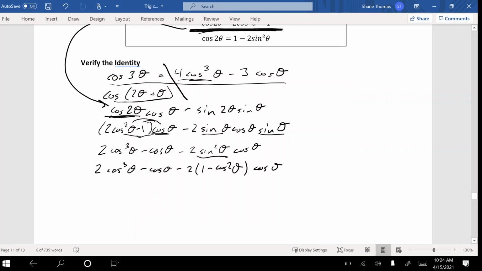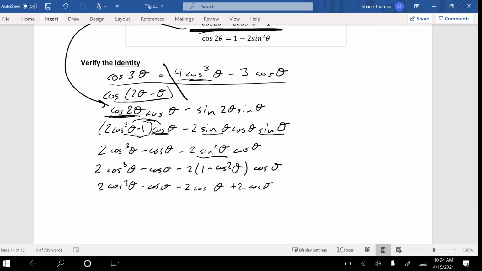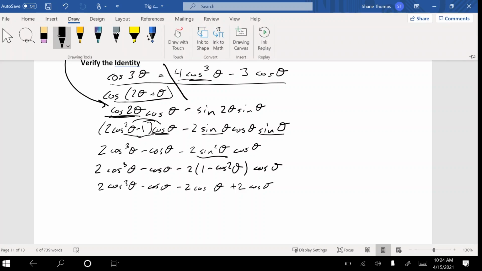Now, I can distribute that with the parentheses that I just had. I distribute that, I have negative 2 cosine squared of theta. So all I did is I distributed the 2 here, and I just brought it out front. Then I distribute the 2 again, negative 2 cosine of theta, and 2 cosine squared of theta.